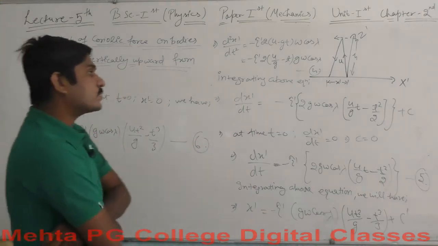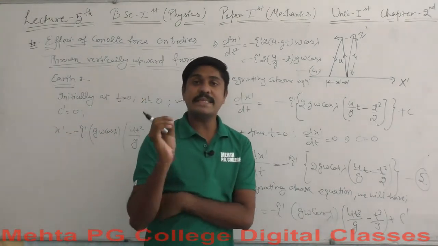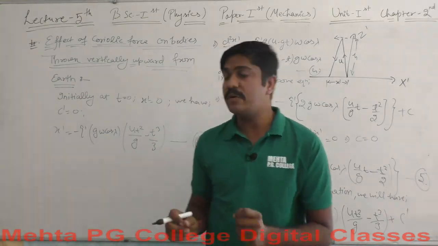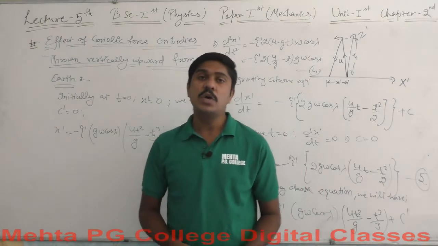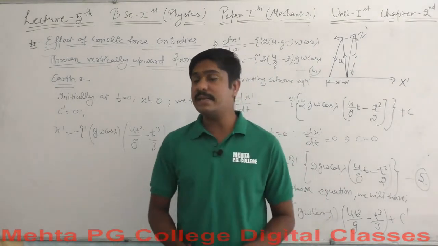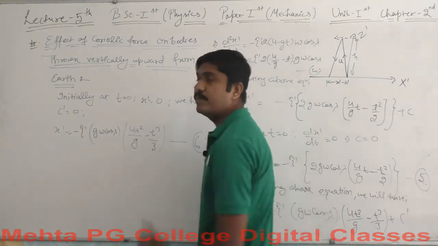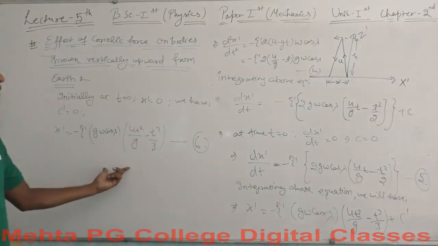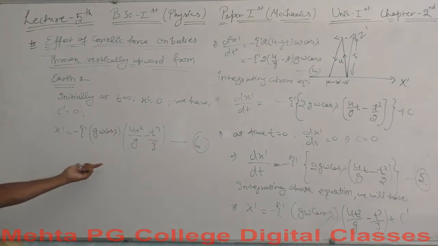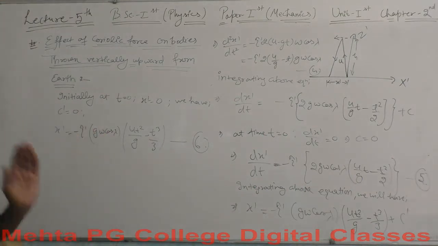So we just get to know how much the body will get displaced. The body will get displaced to this extent, the minus I dash cap towards the westward direction, and this is the associated magnitude here towards the westward direction. So this will depend on the values of the latitude angle lambda and all of this.